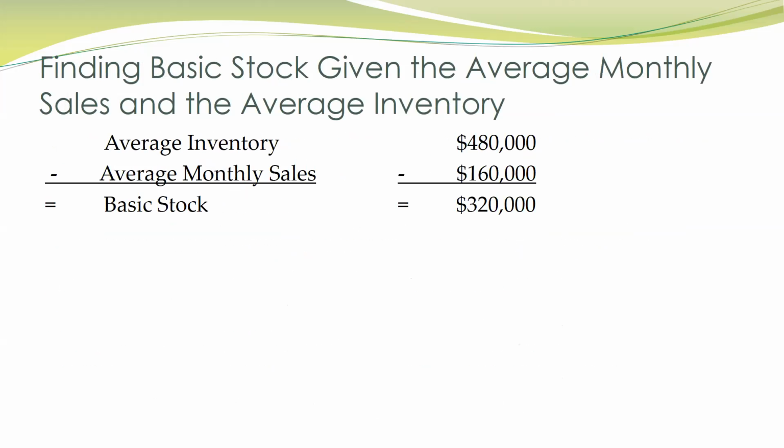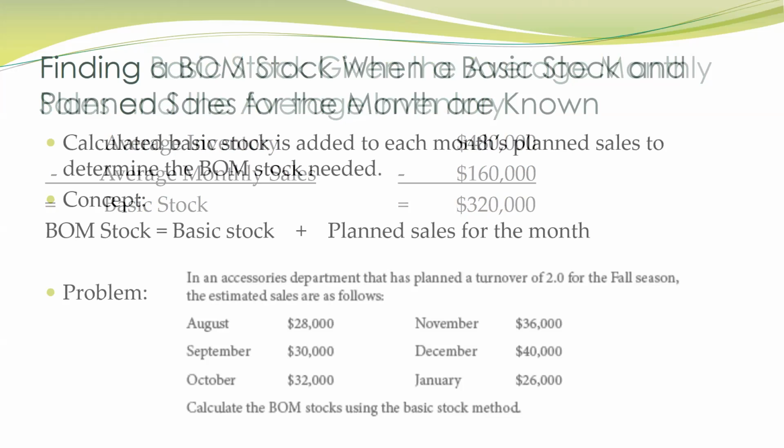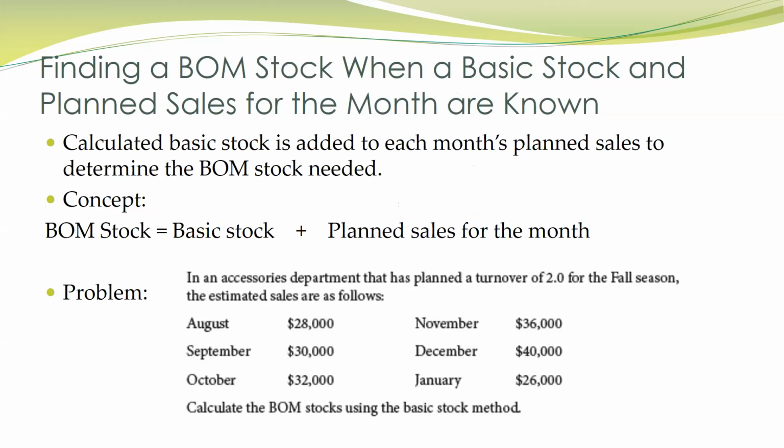Then you calculate your basic stock by doing average stock minus average monthly sales. And then to calculate your BOM stock, you take basic stock plus planned sales for the month. It's a 4-step process. So as you think about the basic stock method, think about these 4 steps.